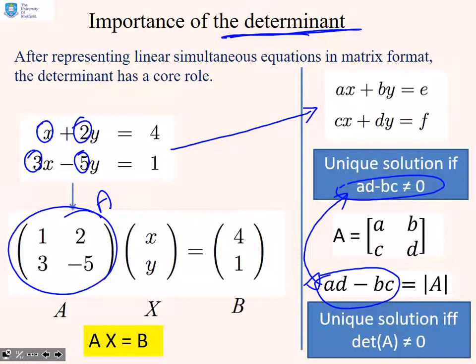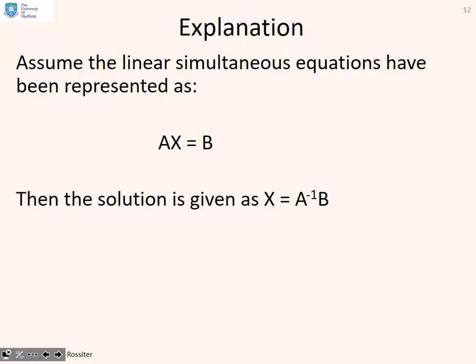Now here we've shown that for two linear simultaneous equations. In fact, it carries across to any number of linear simultaneous equations. So what's the explanation? Assume the linear simultaneous equations have been represented as Ax equals b, and the solution is given therefore as x equals A to the minus 1 b.